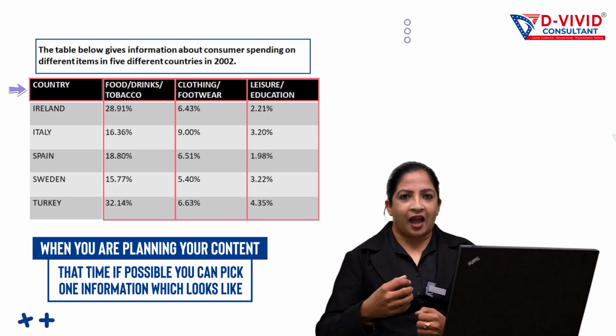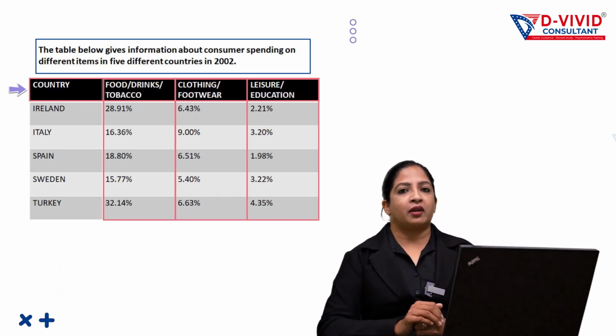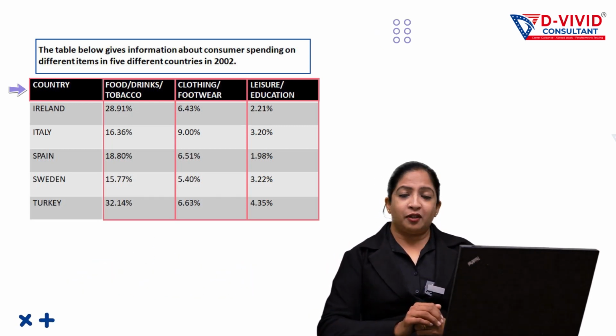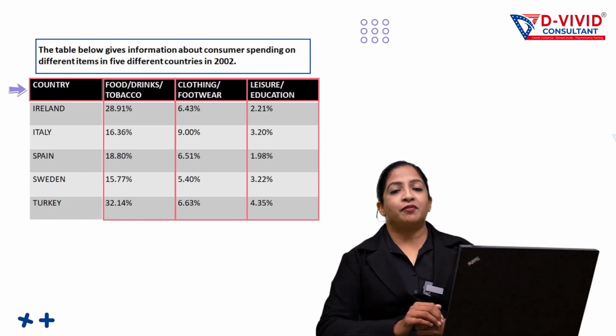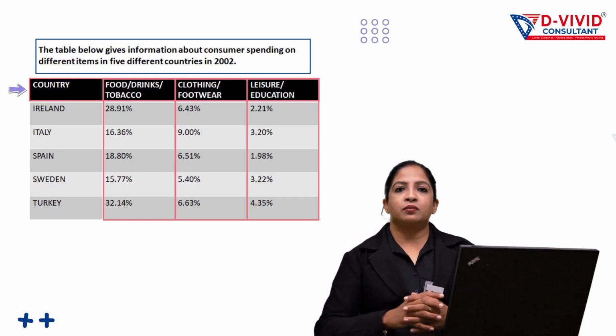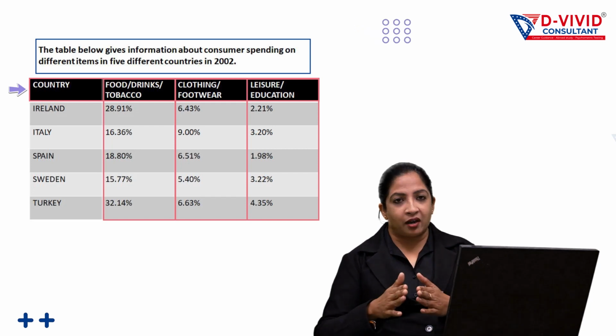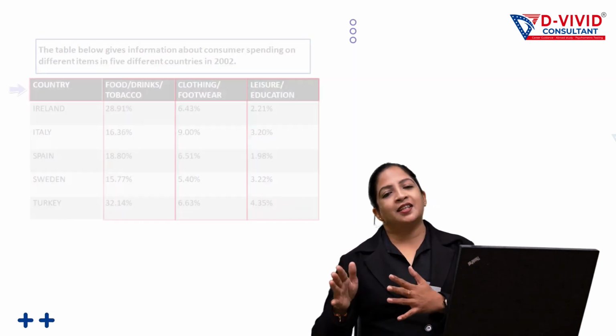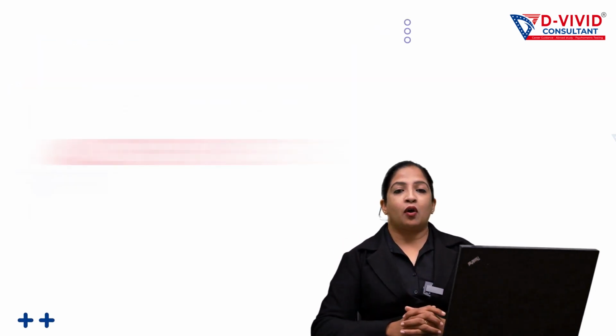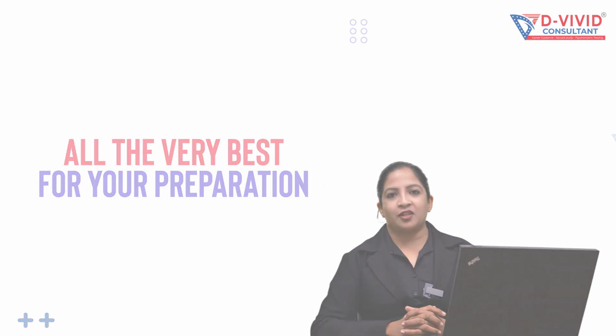You can use that as the closure to your body 2. Well friends, I hope you've understood how to work with a line graph, bar graph as well as the table. All the very best for your preparation.